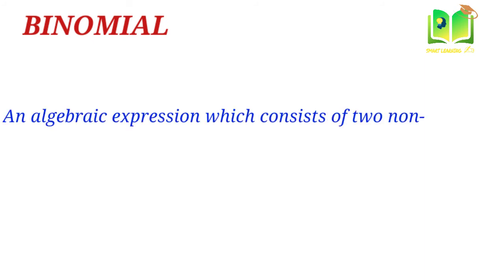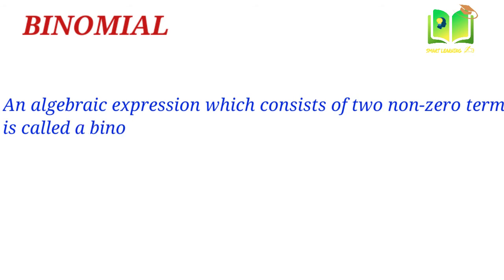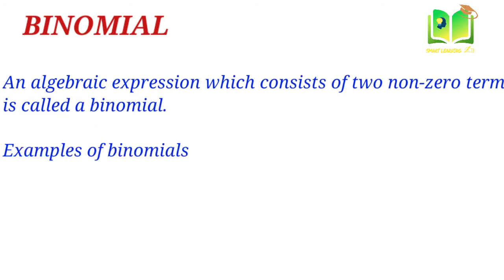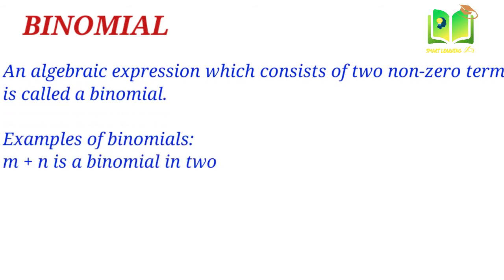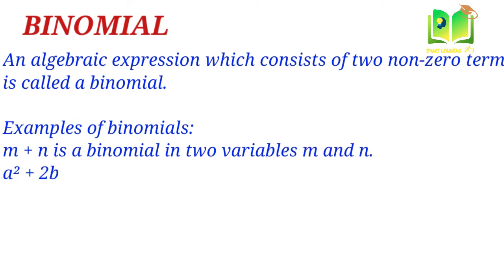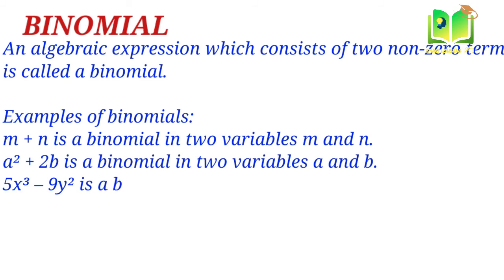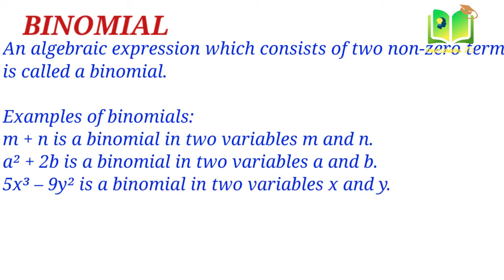Now we will discuss binomial. What is a binomial? An algebraic expression which consists of two non-zero terms is called a binomial, meaning it has two terms. See the example a square plus 2b, it is a binomial of two terms. As there are two terms, we say it is a binomial.